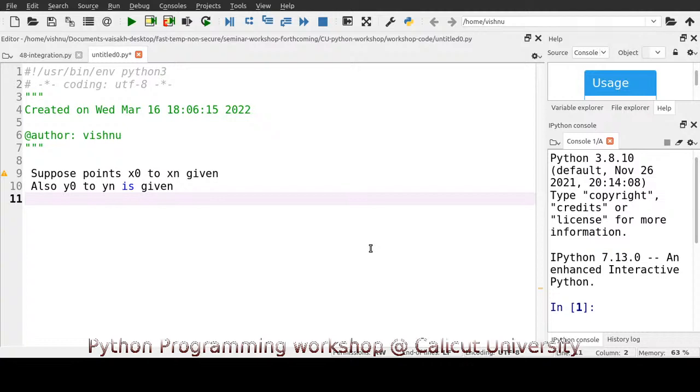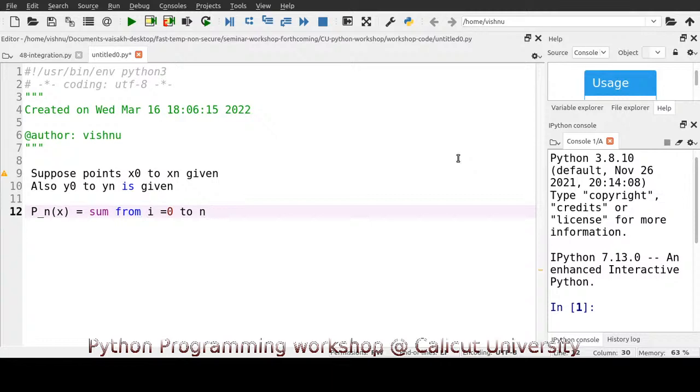Now, Lagrange's formula gives you something called Pn of x, which is the Lagrange polynomial. Let me call it Pn of x, equal to a summation, sum from i equal to 0 to n.